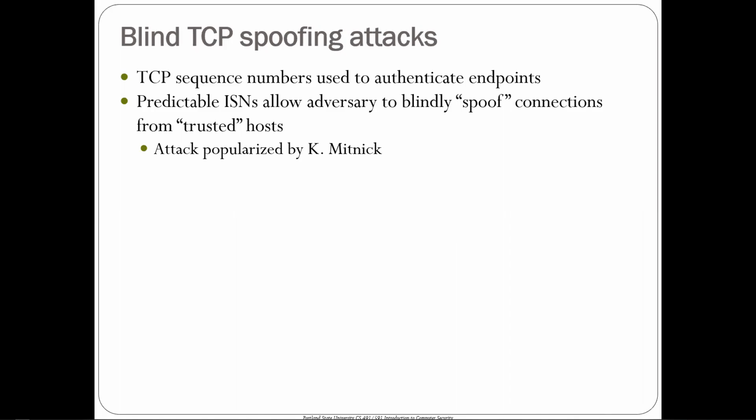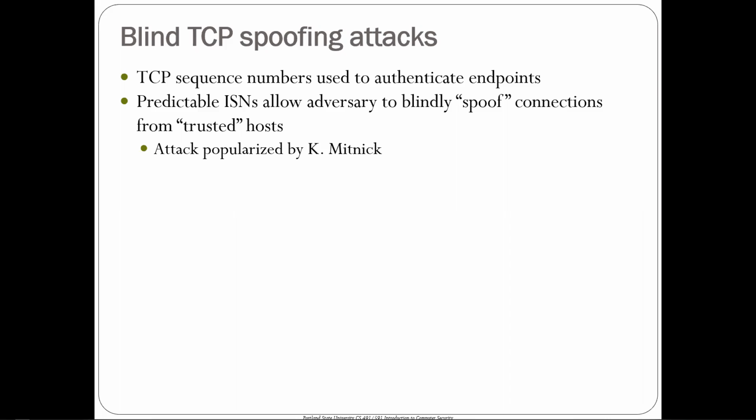So the adversary can write its own source IP address and destination IP address. And if it can guess the transport headers, it could pretend to be the other machine at any of the two endpoints on that connection.